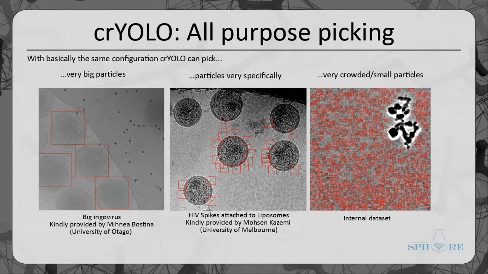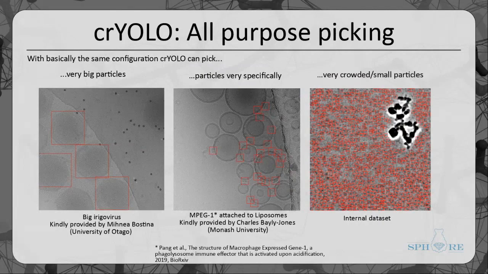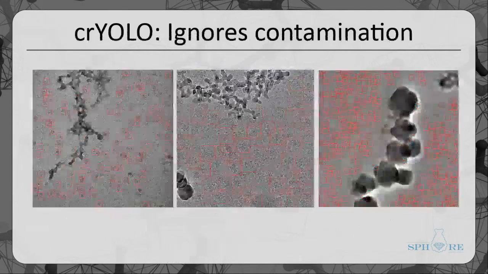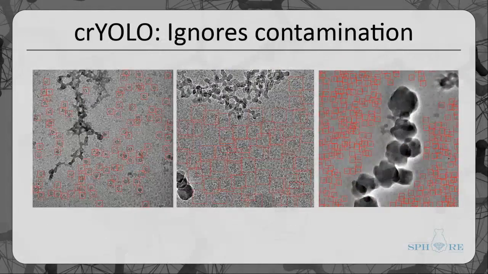And here you see HIV spikes, which are attached to liposomes, or MPGs attached to liposomes. And in both cases they demonstrate really well how crYOLO can learn to pick in very complicated settings. Another nice property of crYOLO is that it's pretty good at ignoring contamination. So as long as your training data contains contaminations, crYOLO will learn to ignore them.